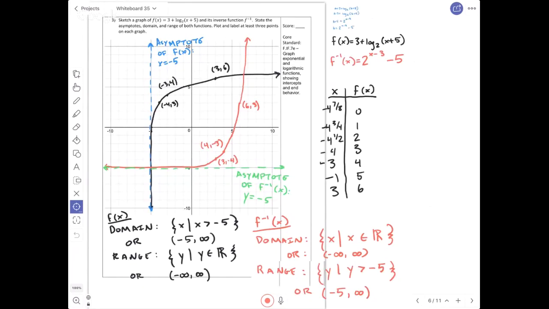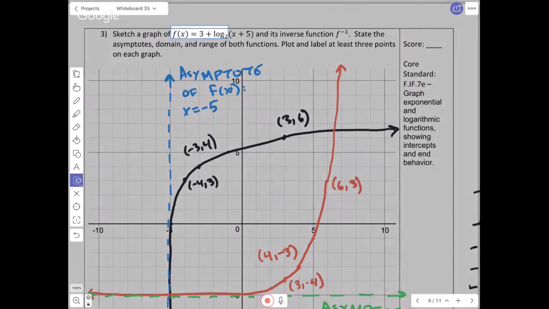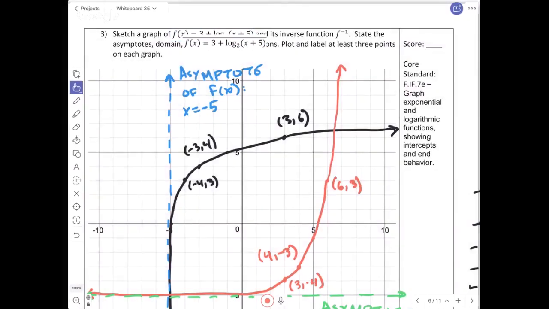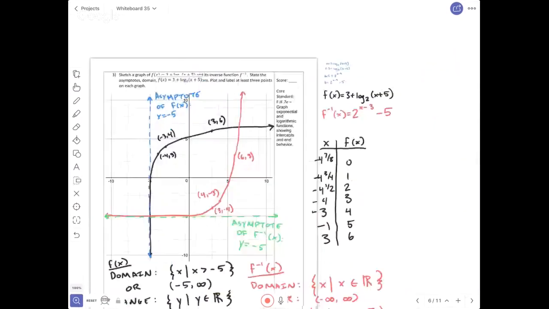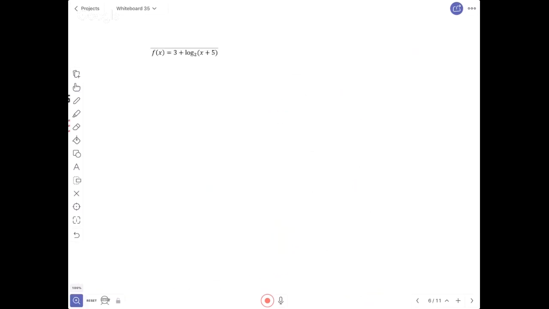So let's take f of x equals log base. There we go. Let's do this one. This one looks way fun. Cool. So we're going to find the average rate of change on that function.